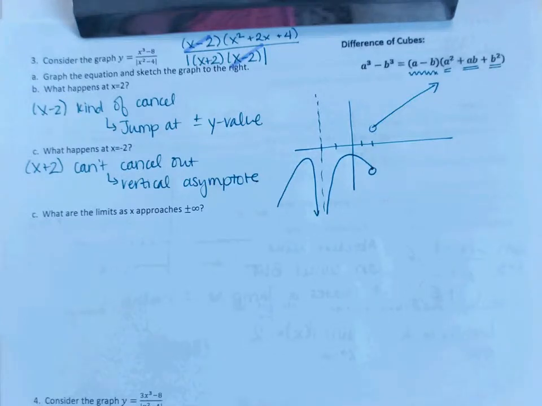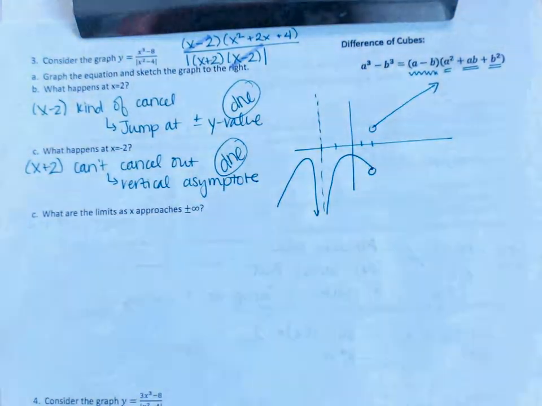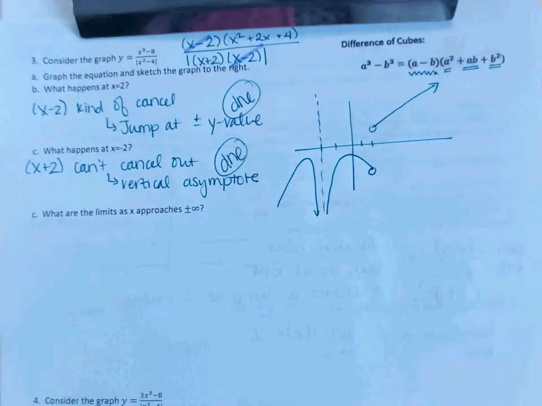If they're approaching an asymptote, it doesn't exist. So I want you to put that both of these DNE, but they DNE for different reasons. One of them doesn't exist because of a jump. The other one doesn't exist because of an asymptote, but it really doesn't make a difference.